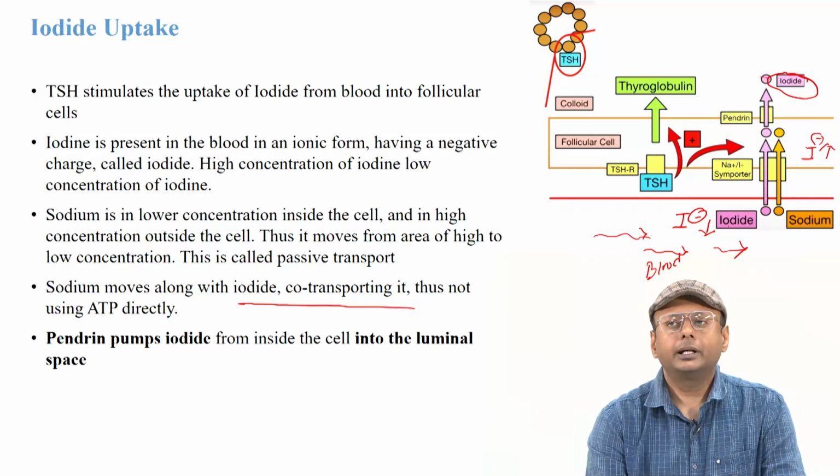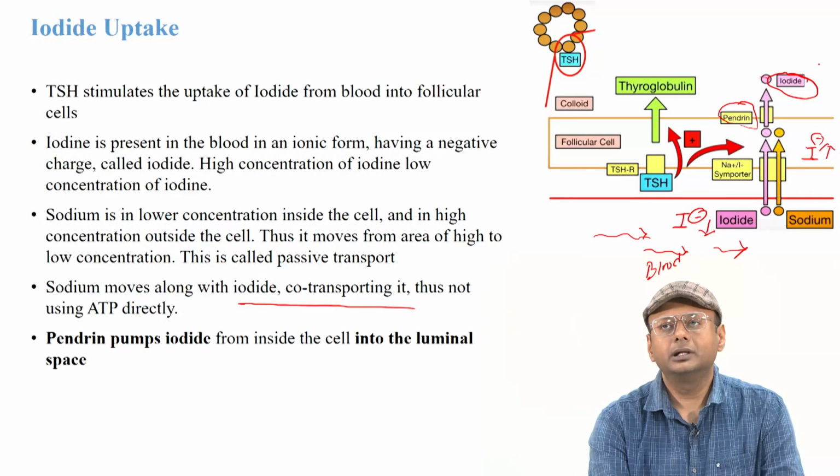So in this way, iodide from the low concentration present in the blood, with the help of sodium, goes inside of these follicular cells. Now there is another receptor called pendrin. So this iodide ion moves through the concentration gradient, because here iodide concentration is much higher, while in the colloidal space of these thyroid follicles iodide concentration is low.